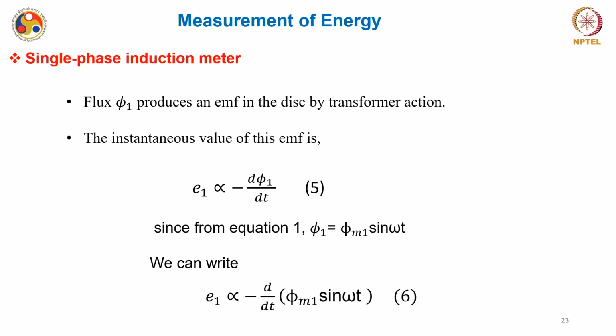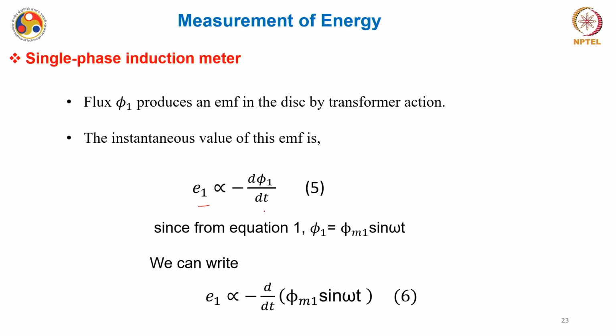Now flux phi 1 produces an EMF in the disc by a transformer action. Transformer action, we know, is the EMF generated. So the instantaneous value of this EMF can be given as E1, which is directly proportional to minus d phi 1 by dt.